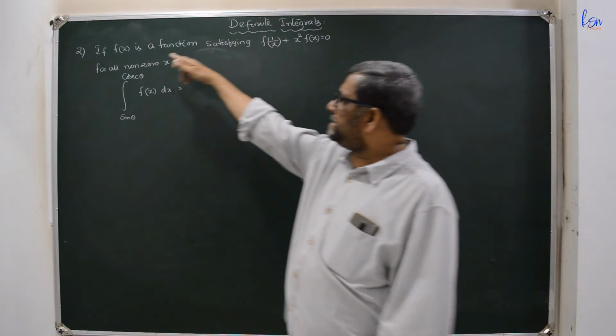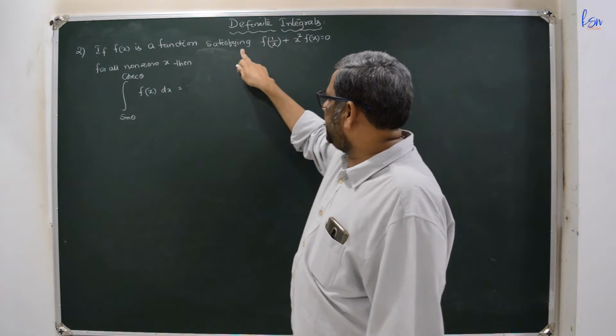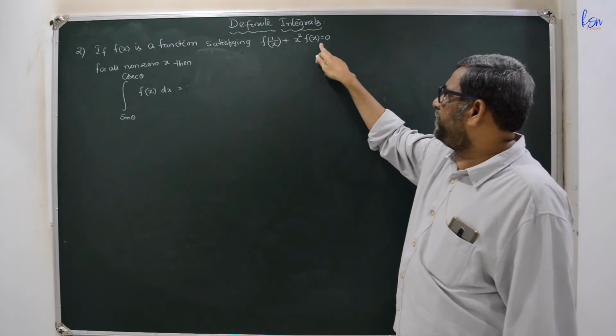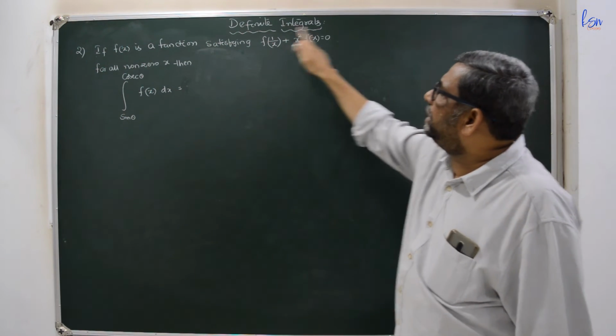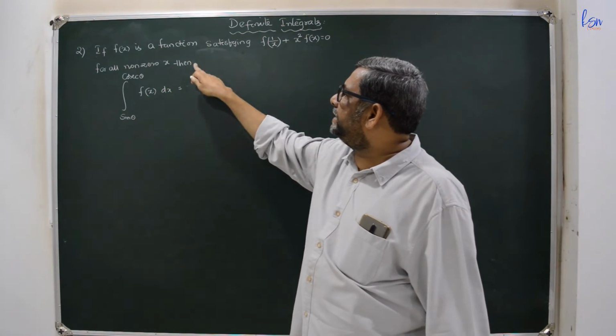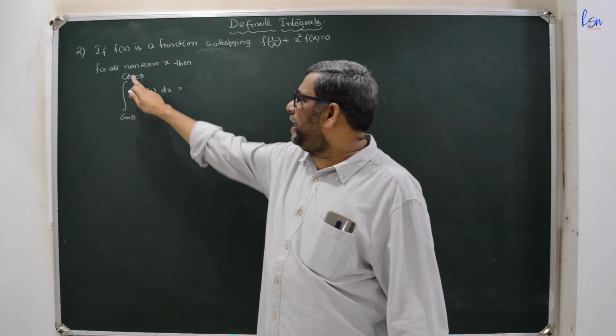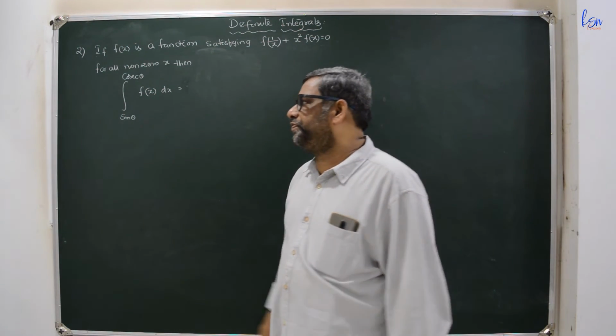The second problem is, if f(x) is a function satisfying f of 1 by x plus x square into f(x) is equal to 0, for all non-zero x, then integral sin theta to cosecant theta f(x) dx equal to.